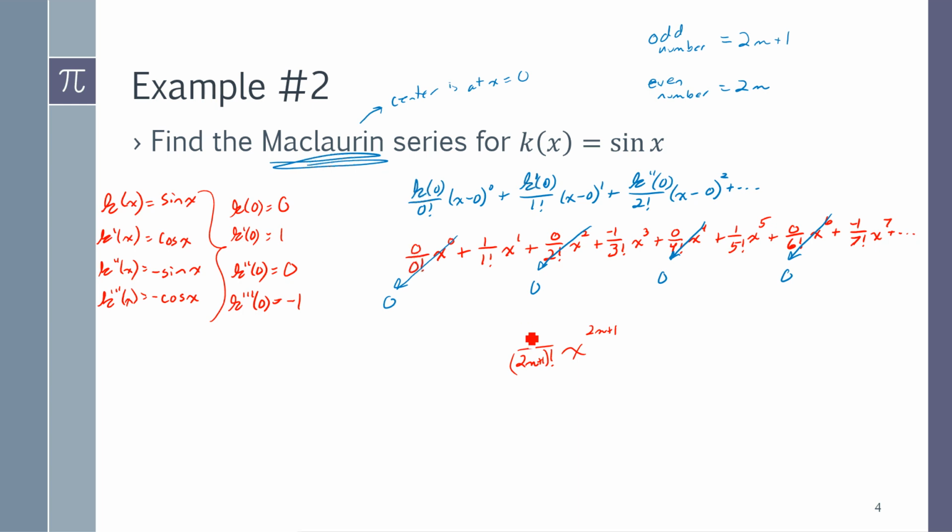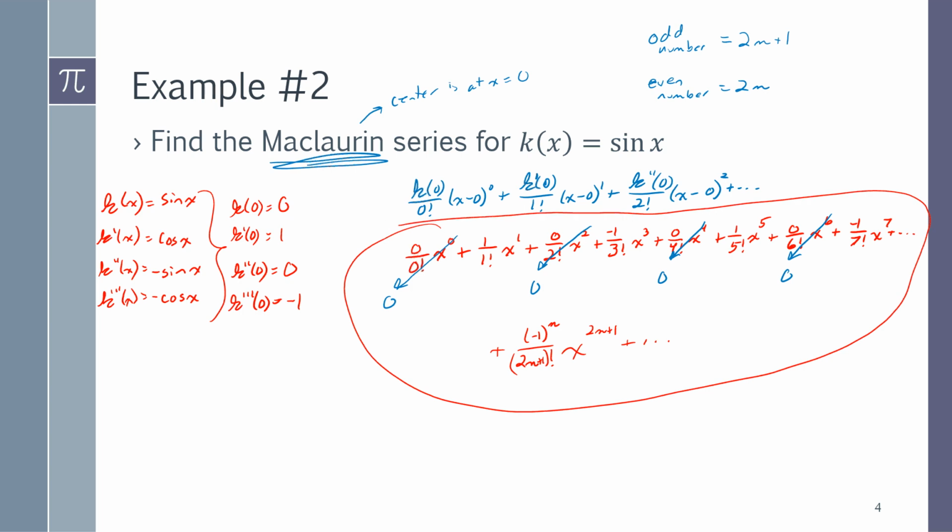And what this means is that I have a negative 1 raised to a power. If I'm saying n starts at 0, which would work great for my powers, if n is 0, I'll have x to the first, and I'll have 1 factorial in the denominator, and negative 1 to the 0 is positive 1. Hey, that works. And I can check that with my other exponents. But there is my general term, and now here is my Maclaurin series for sine of x.